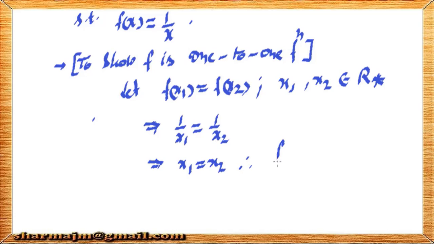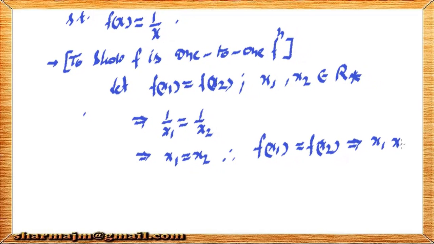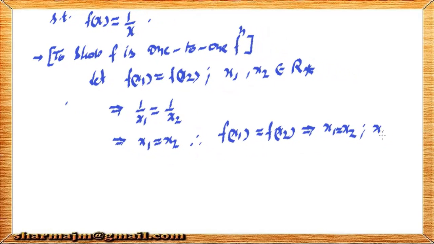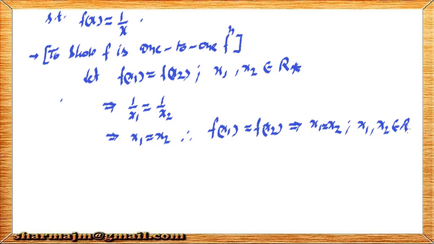Therefore, if images are same, that is f of x1 equal to f of x2, then their pre-images are also same for all x1, x2 in R star, that is the domain. Therefore, you can say f is a 1-1 function, that is a 1-to-1 function.